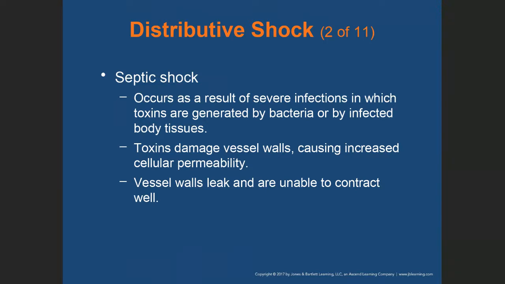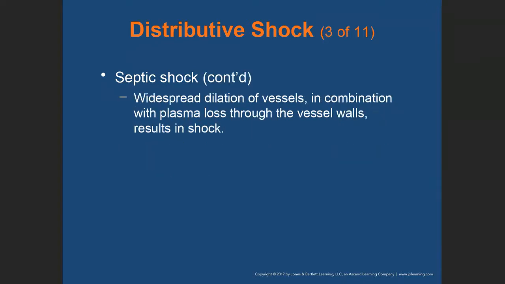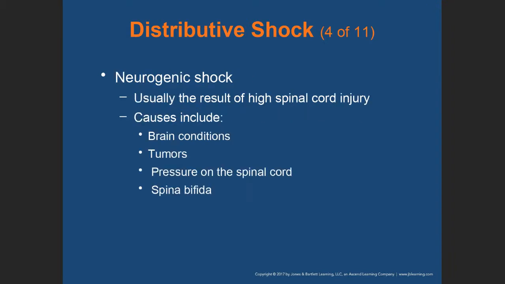So there is a distribution problem. The widespread dilation of the vessels in combination with plasma loss through the vessel walls results in septic shock. All right, so that's septic shock.